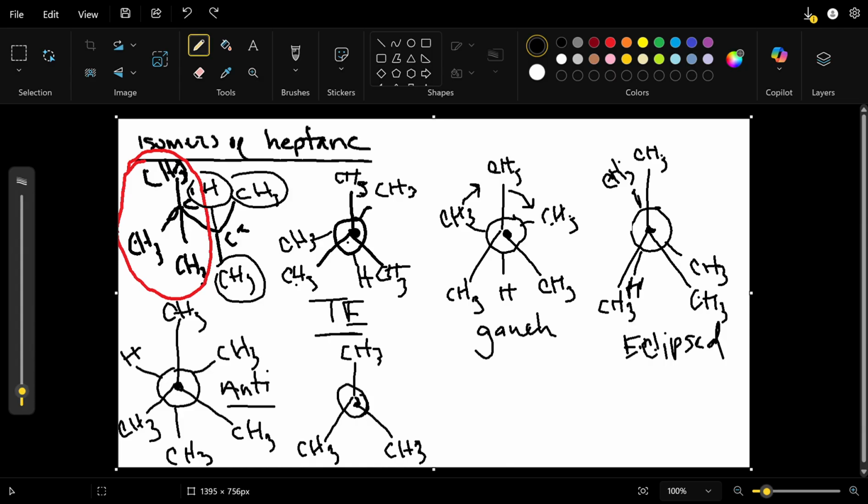I'm sorry, I'm thinking wrong. So basically this should be here. CH3 there, and then H will be, so that's just another eclipse, I believe.